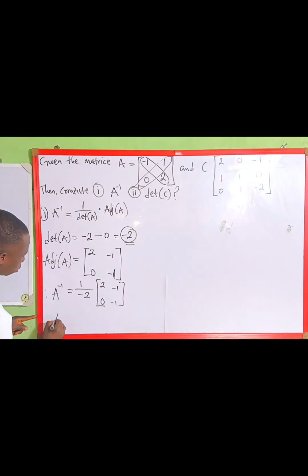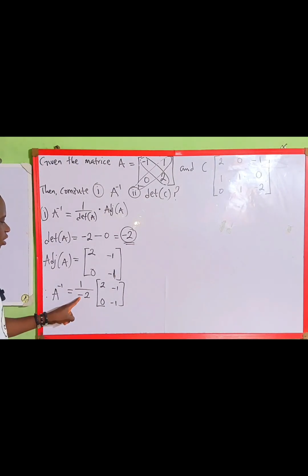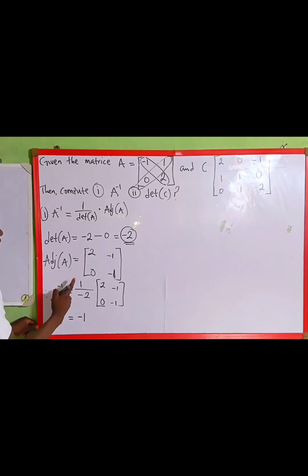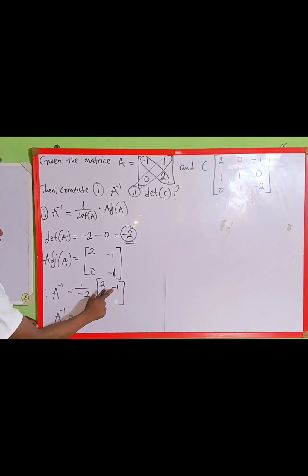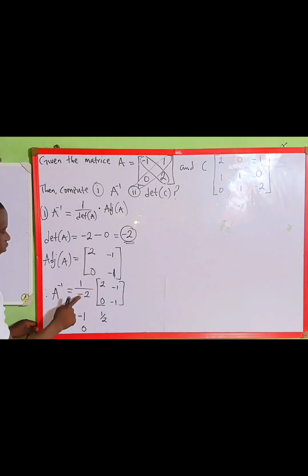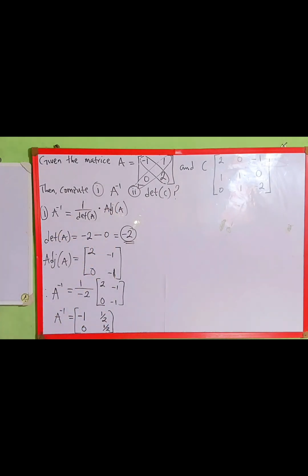So A inverse will be equal to 1 all over -2 multiplied by 2, which is going to give us -1. Then 1 all over -2 multiplied by -1 is going to give us +1 over 2, because negative will cancel negative. Then any number multiplied by 0 is the same as 0. Then 1 all over -2 multiplied by -1 is going to give us +1 over 2. So here is the inverse of this matrix A.